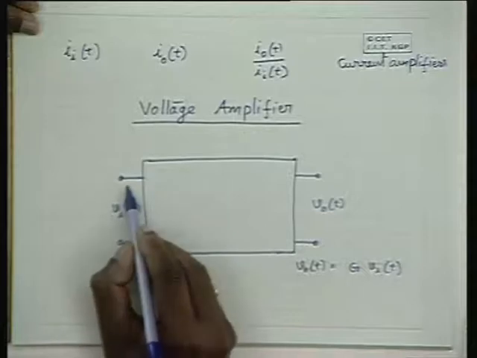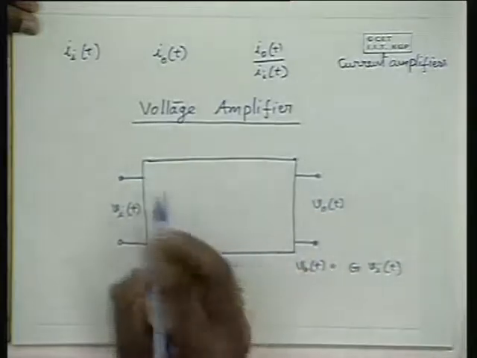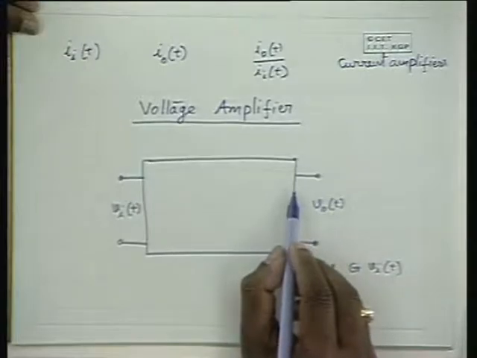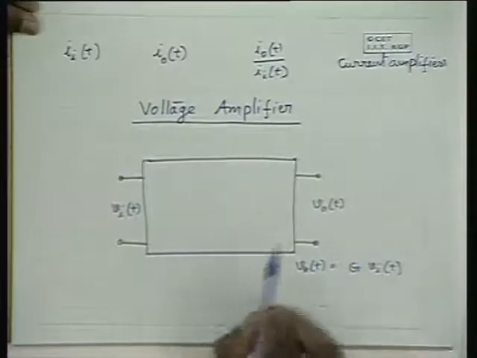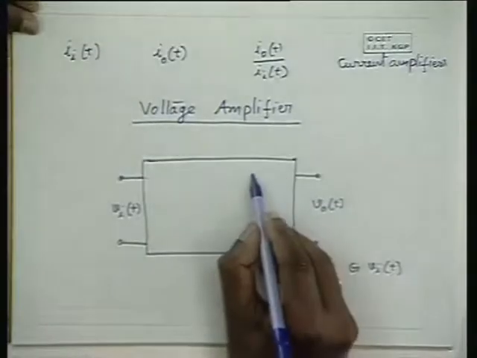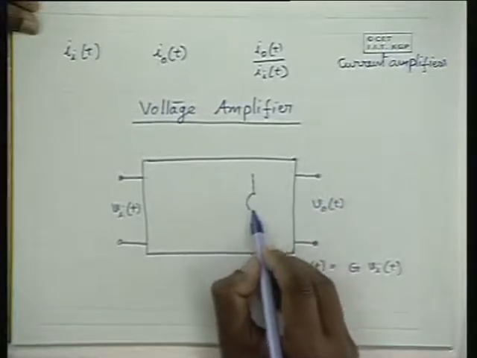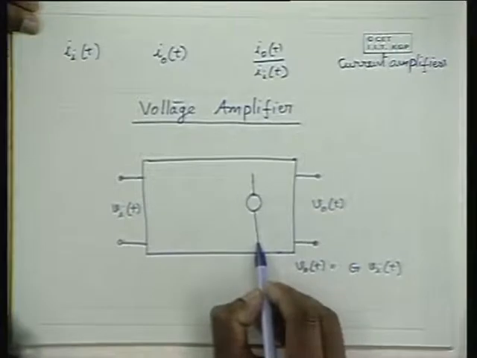So how do you represent this? As far as the output is concerned, it acts like a voltage source with voltage equal to G times VIT. Therefore, in the strict sense, you can model it as a voltage source.